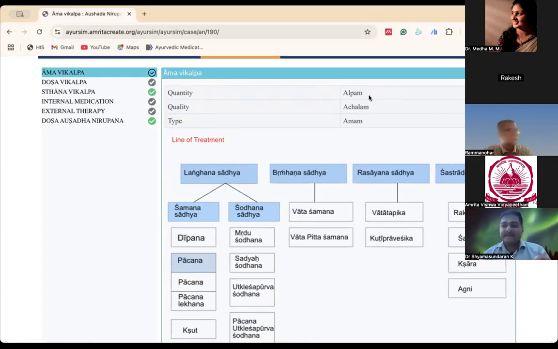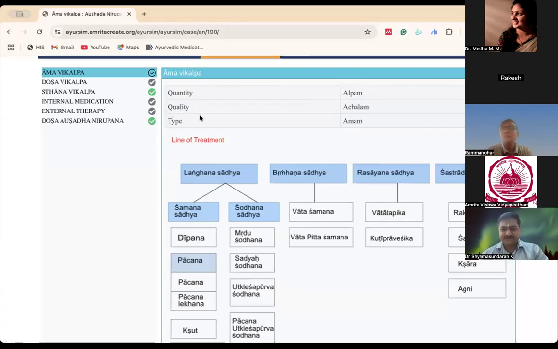If the ama is very less, you may choose some shamana type of treatment rather than going to a shodhana treatment. But if the ama is bahu ama, then you would invariably choose a shodhana treatment before giving shamana chikitsa. That will give you the idea of which type of treatment you are going to choose.